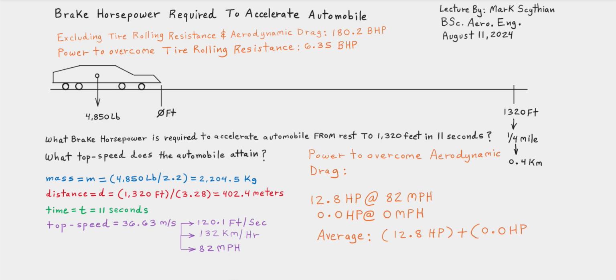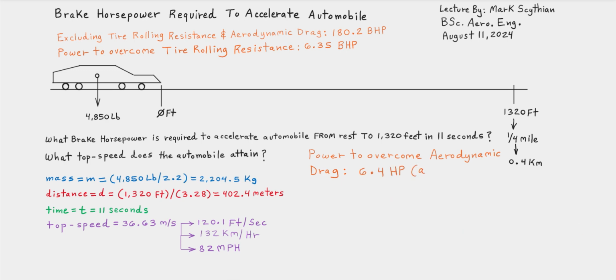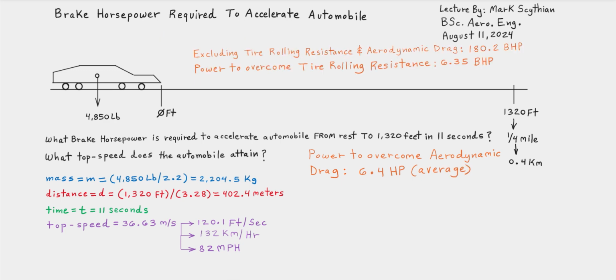So this then translates to a simple average: 12.8 horsepower plus 0 horsepower divided by 2. So 6.4 horsepower on average is the power required to overcome aerodynamic drag.